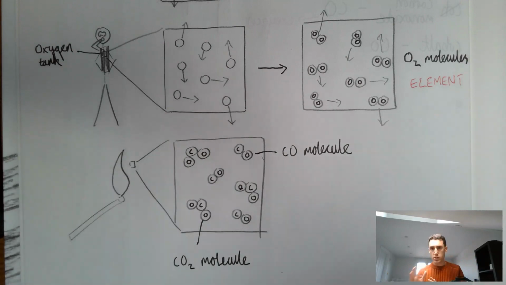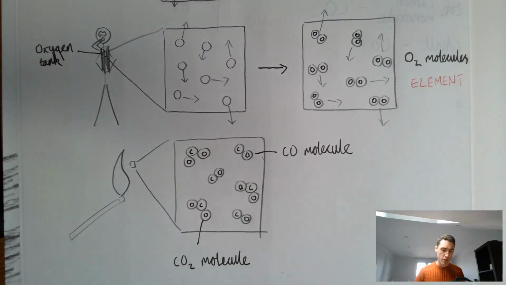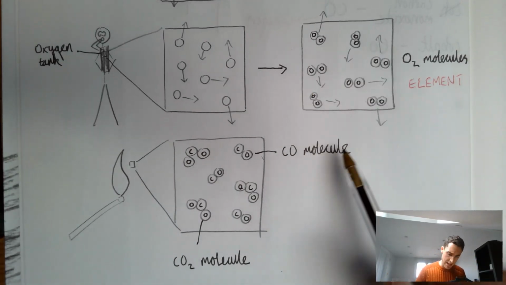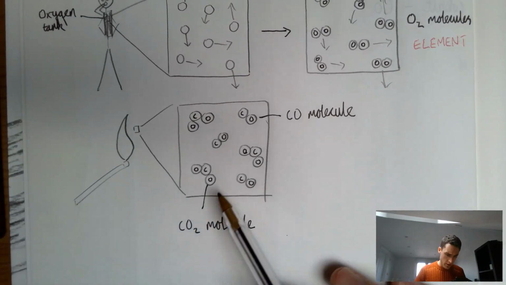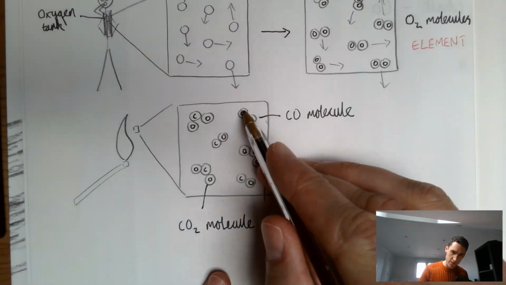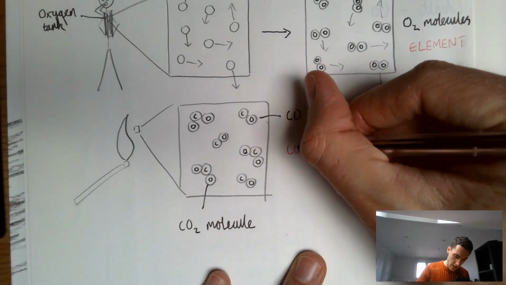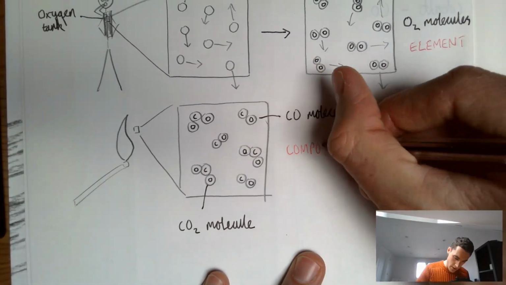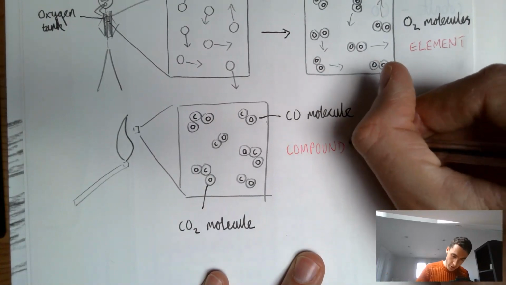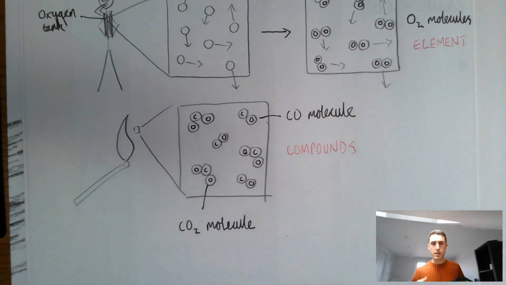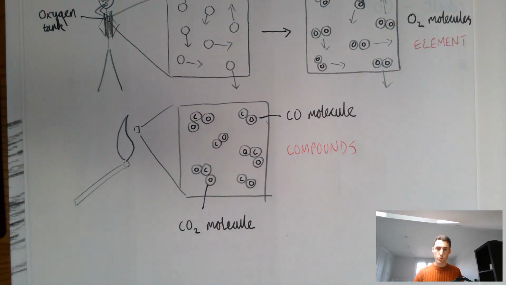Actually, we didn't really worry too much about that when we covered this a couple of lessons ago, but now we can come back to this idea and say this is an element. But what about these two? These must both be compounds because they've got different atoms which are chemically bonded together into molecules. So these are compounds, like this. So it might be worth just reinforcing that idea, just so students are really, really clear.